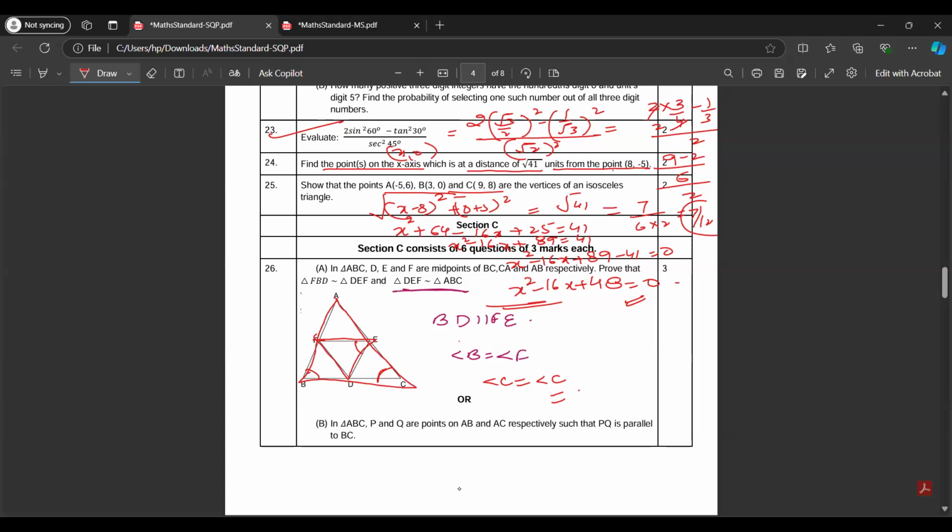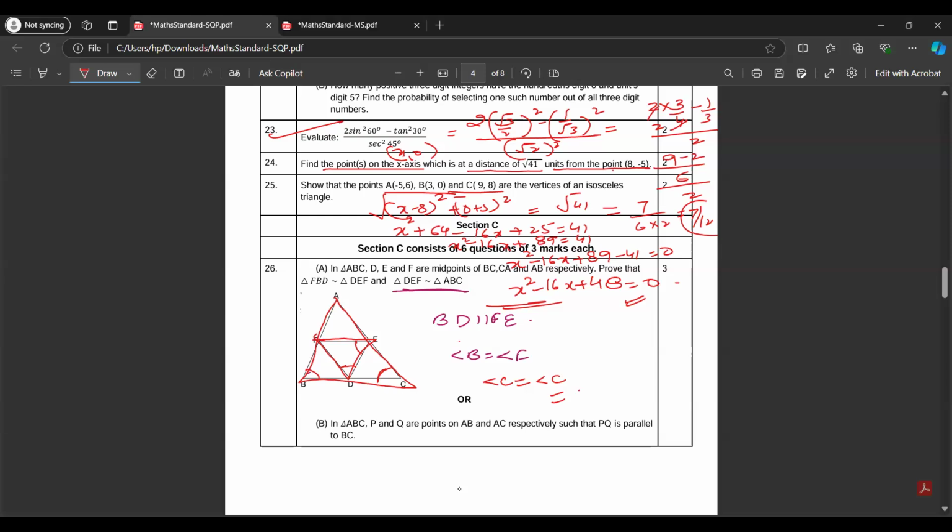And one more third thing. Ma'am, angle A is equal to angle D. Yes, this is also a parallelogram, right? So opposite angles of a parallelogram are equal. If you remember from grade 9, you have proved this thing, that this is a parallelogram.